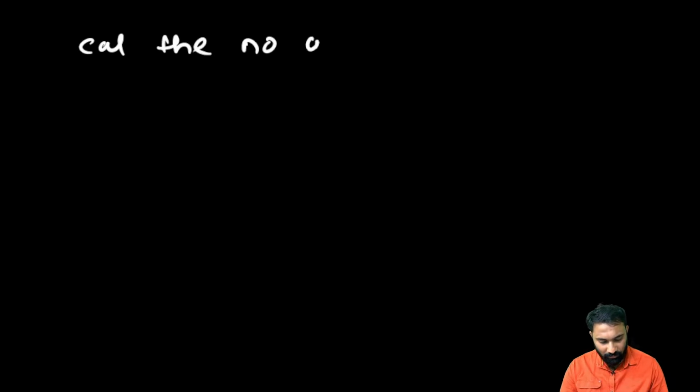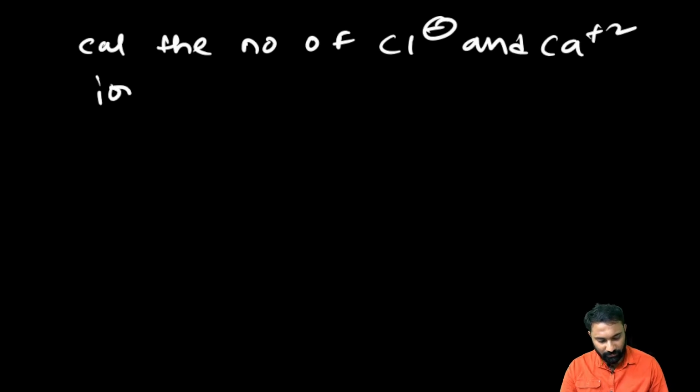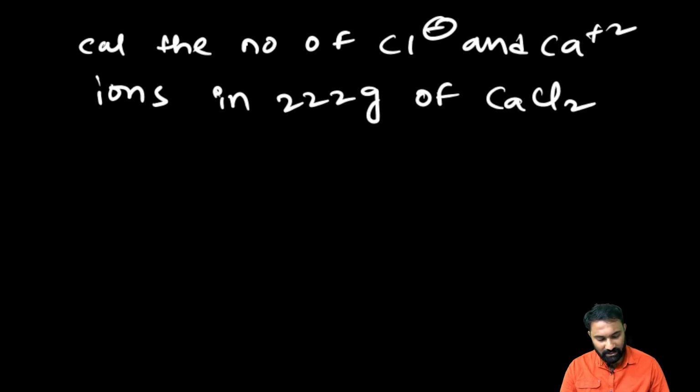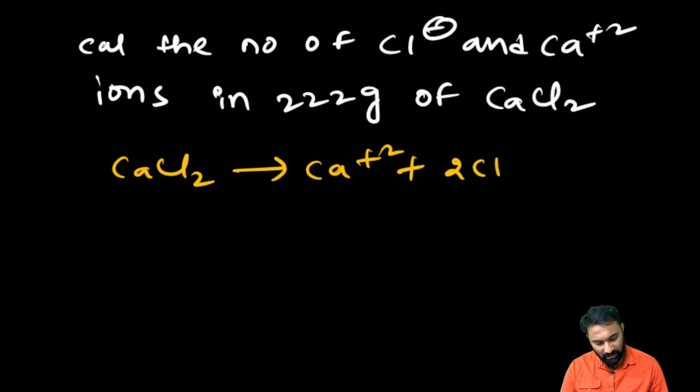Now the next question they have given: calculate the number of Cl minus ions and Ca plus 2 ions in 222 gram of calcium chloride. I will give you the balanced equation: CaCl2 dissociates to give Ca plus 2 plus 2Cl minus.